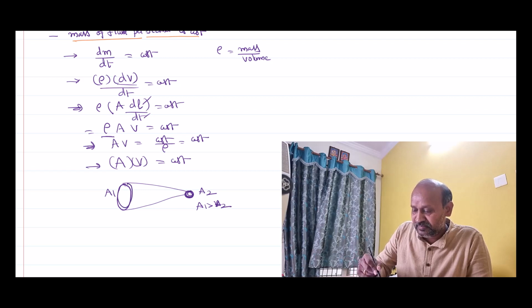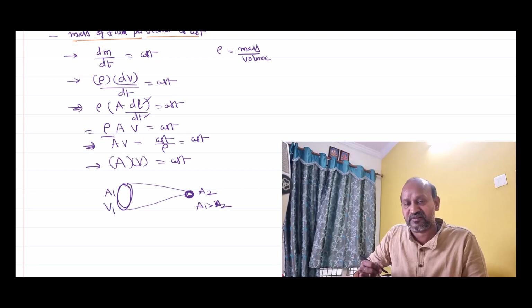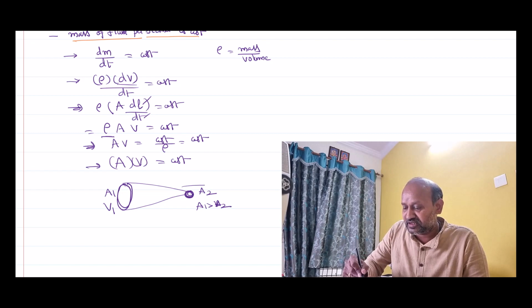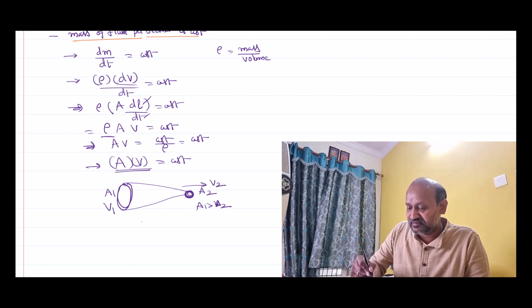Here, if the fluid enters with a velocity V1, the fluid comes out with a velocity V2. You can guess A1 V1 equals A2 V2. As A1 is greater than A2, it's obvious that V2 will be greater than V1.